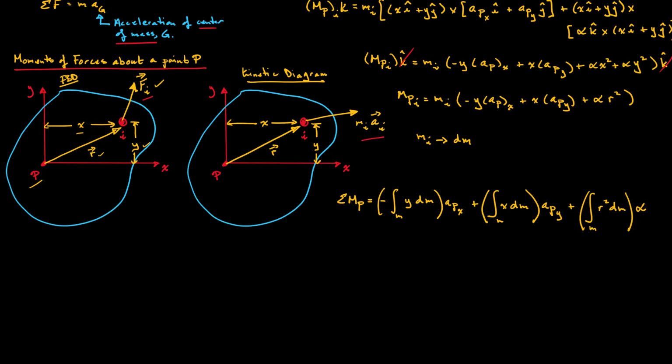Okay, so again, the sum of the moments about point P represents the resultant moment of the external forces on the body about point P. So we have three terms on the right.